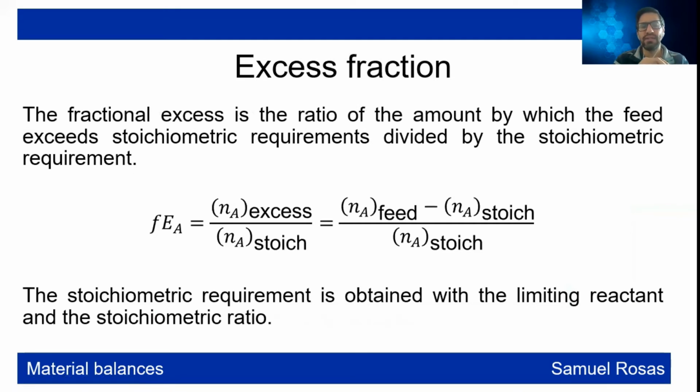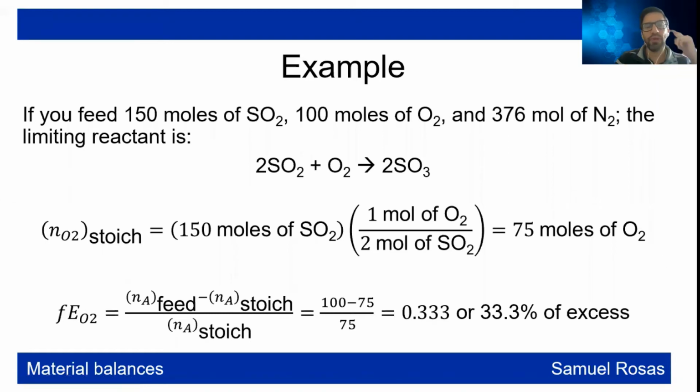And if you have one in excess, the fractional excess is the ratio of the amount by which the feed exceeds the stoichiometric requirements divided by the stoichiometric requirements. So how much is it in excess over what you actually needed, depending on the limiting reactant. This is going to be the amount fed minus the stoichiometric amount relative to the limiting reactant, over the stoichiometric amount. In our example, you had a feed of 150 moles of SO2 and 100 moles of oxygen.